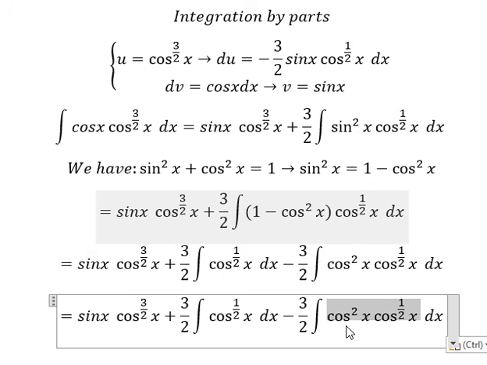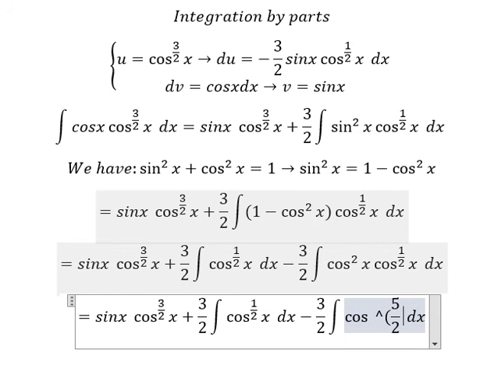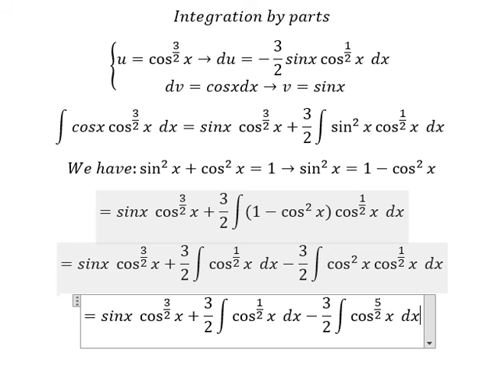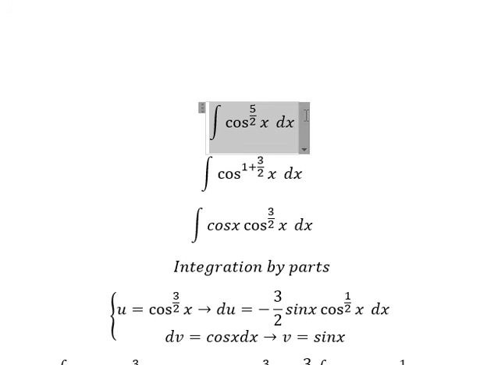And we know that number 2 and 1 over 2, we have cosine s to the power of 5 over 2. And we know that everything in here equals to this one.